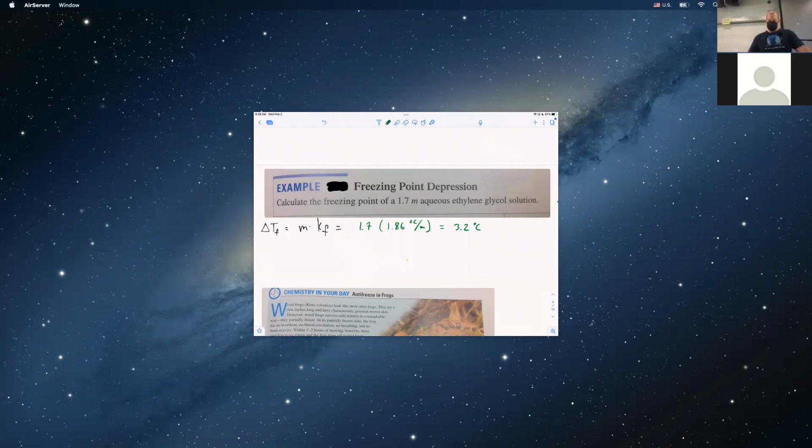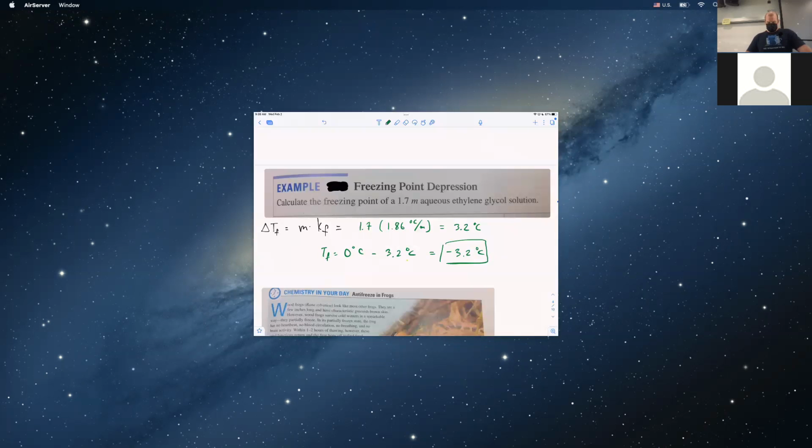No, this is the freezing point depression. It's depressed. So the freezing point is the normal freezing point, 0 degrees Celsius, minus 3.2 degrees Celsius, equals negative 3.2 degrees Celsius. So this is the freezing point.